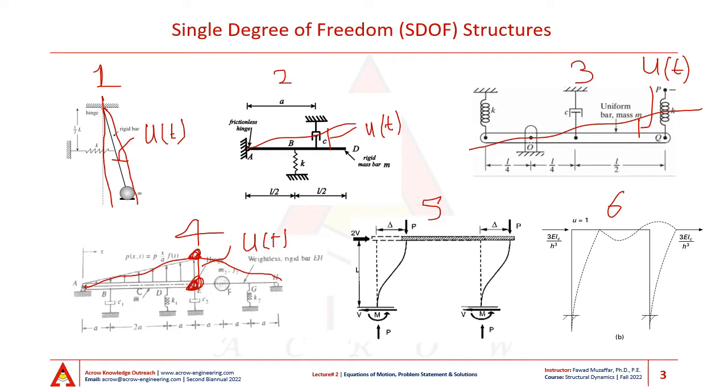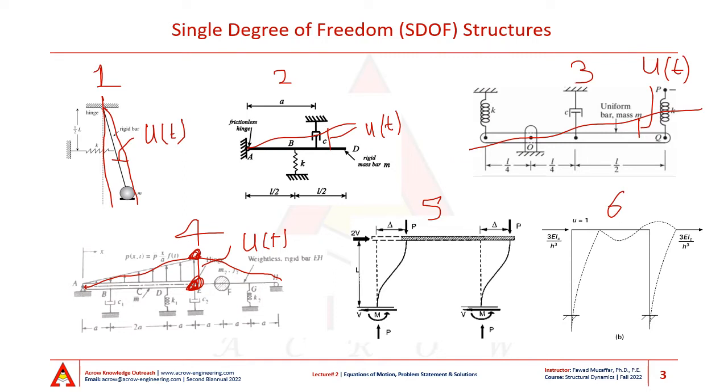So, all of these rigid bar systems that we have looked at are single degree of freedom systems. In figure 5, we present a problem that is much more familiar or relevant to us civil engineers. And it's a single story frame with an infinitely rigid beam element.